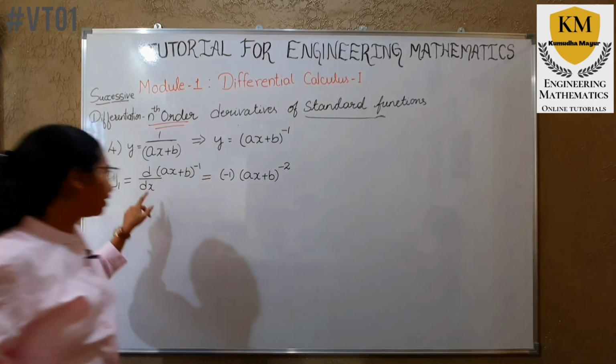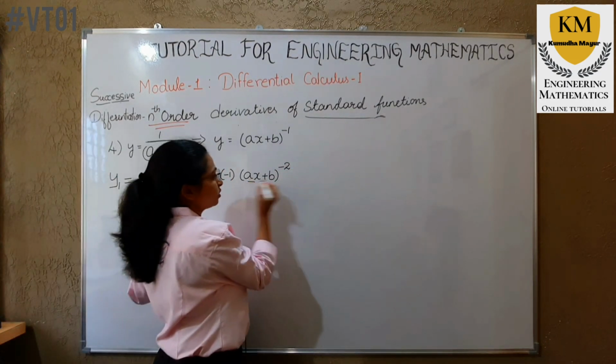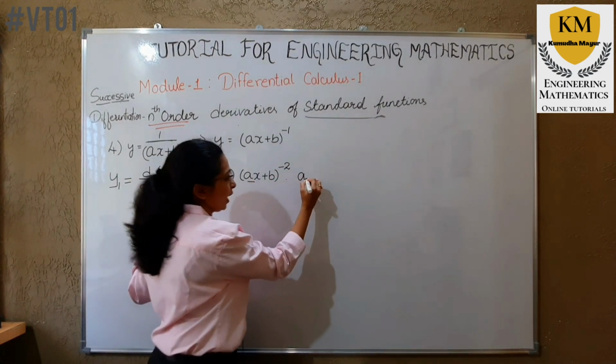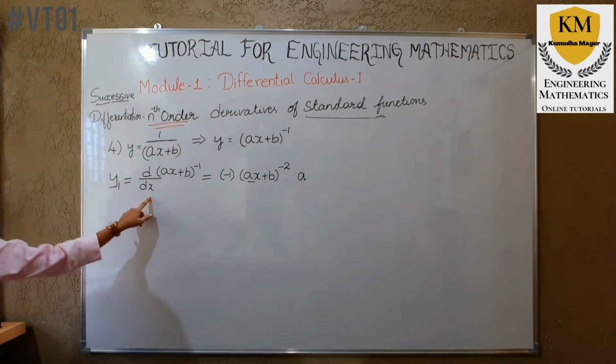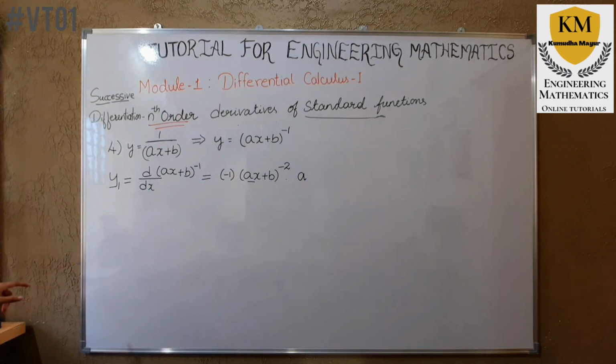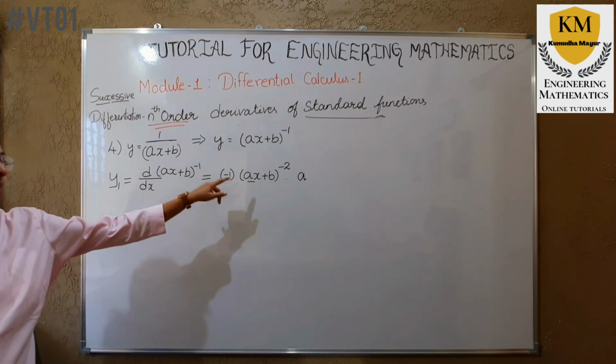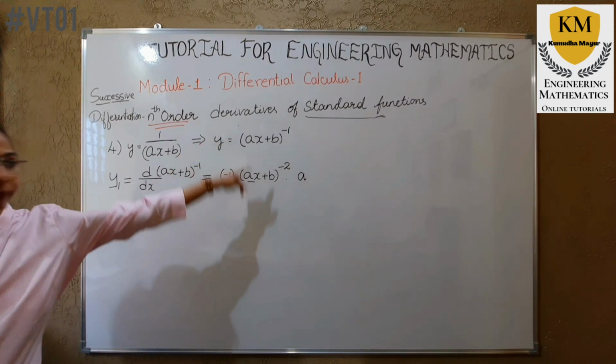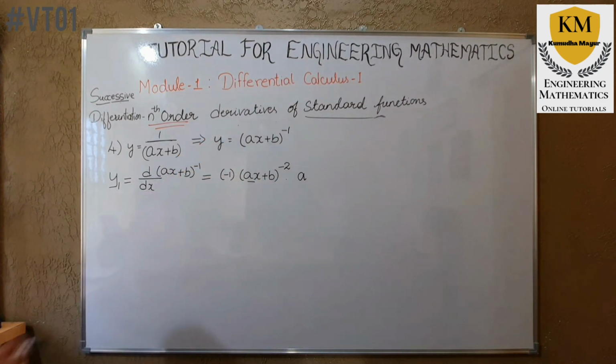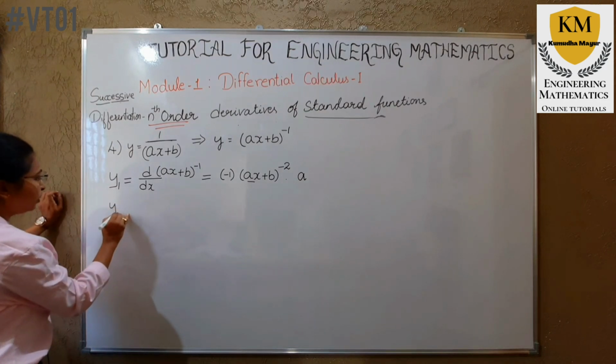Since we are differentiating with respect to x, you will get a. This is the first order derivative, minus 1 (ax plus b) whole to the power minus 2 into a. Let me start the second derivative.